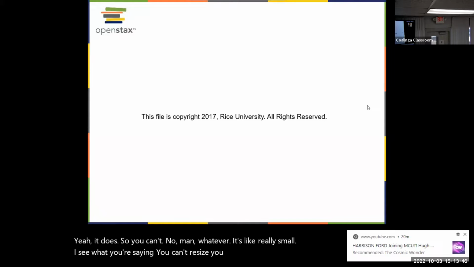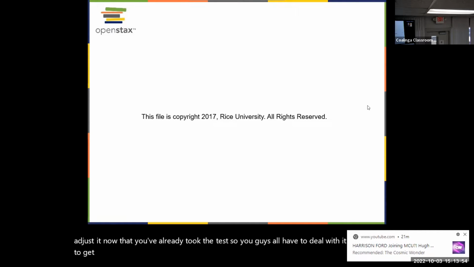Wait, so you can't zoom in? What if it's really small? You can't resize the problem. I can adjust that, but I can't adjust it now that you've already taken the test. So you guys all have to deal with it. You just need to get a magnifying glass. I already have glasses as it is.